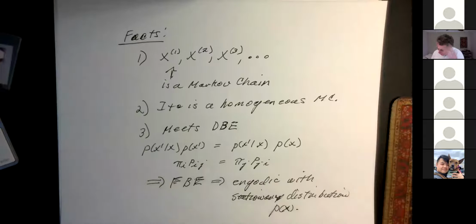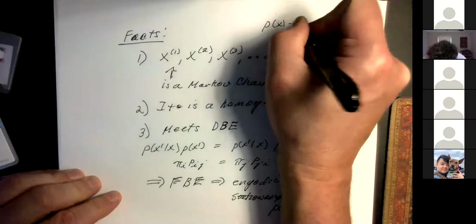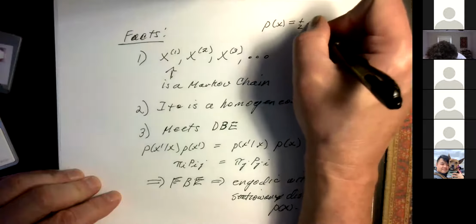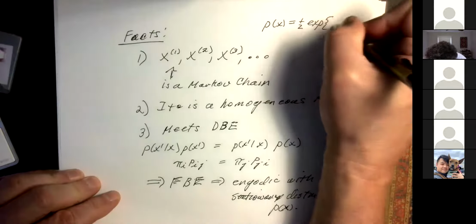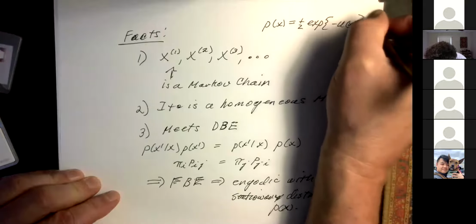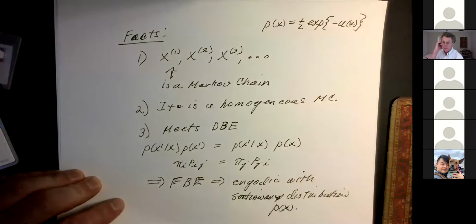But what's P of X? P of X is, remember, the thing we assumed, which is 1 over Z times the exponential of minus U of X, where U is the energy, okay?